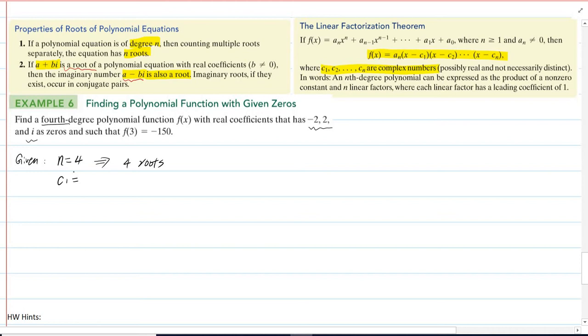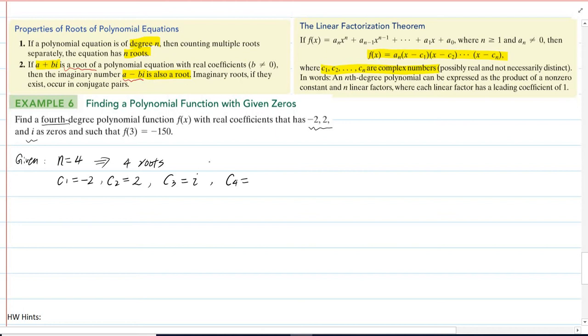So we have c1 is -2 because that's one of our zeros. We have c2 equal to 2. And then we also have c3 equals i. And then we know there's another root, c4. Here we use the property that tells us if a plus bi is a root, then a minus bi is also a root.